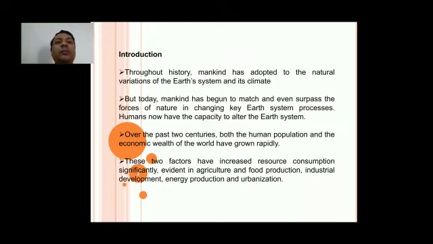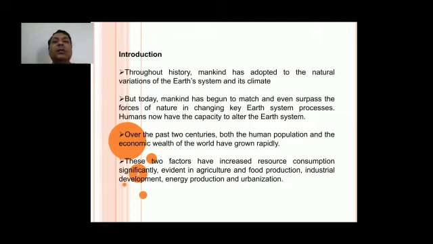Throughout history, mankind has adapted to the natural variation of the earth system and its climate. But today, mankind has begun to match and even surpass the forces of nature in changing key earth system processes. Humans now have the capacity to alter the earth system.